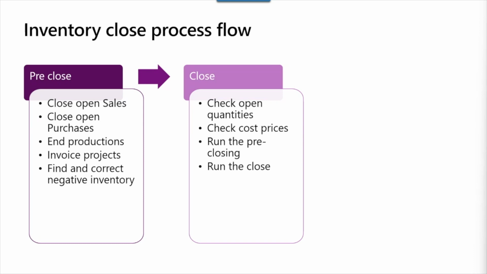In many cases, you may need to wait for an invoice from a vendor or supplier, for example, to close the purchase orders. But if you see other types of receipts, you can likely close out the transactions prior to closing the inventory. Next, you will want to run the Check Cost Prices report.